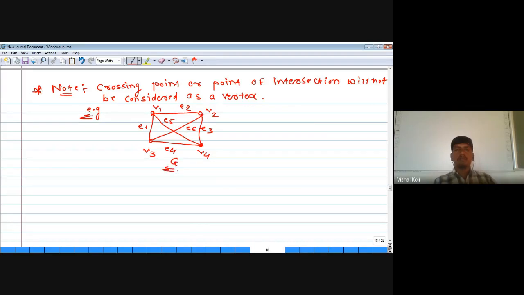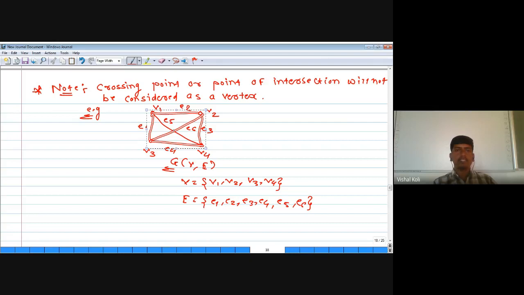This will be the graph G whose vertex set V is V1, V2, V3 and V4, and edge set contains E1, E2, E3, E4, E5 and E6. According to this note, the crossing point or point of intersection will not be considered as a vertex. Here there is a point of intersection. Therefore, we can't take this point as a vertex.